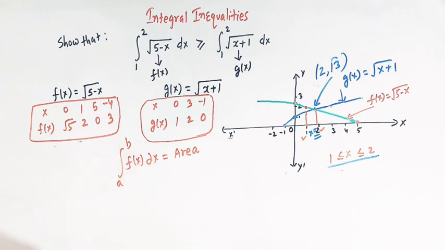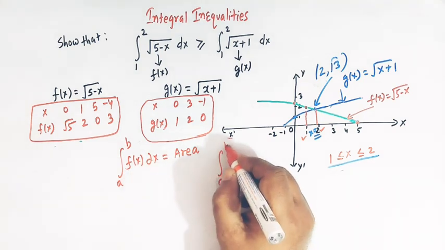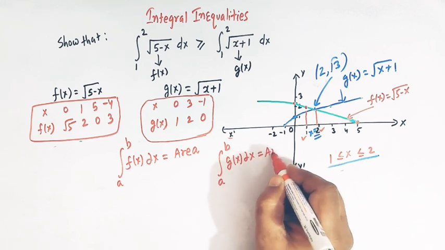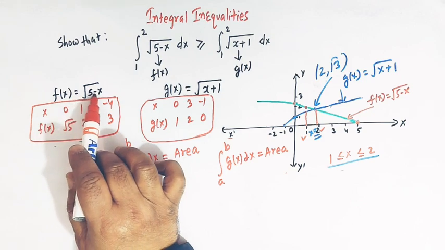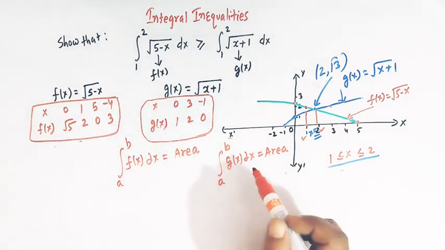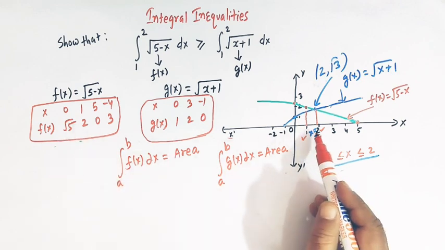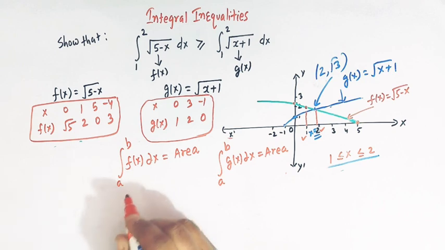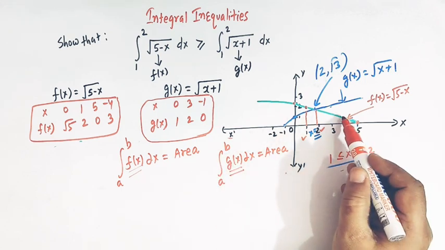Here we have the integral a to b g of x dx, which also represents the area, right? f of x is square root of 5 minus x, g of x is square root of x plus 1, a is 1 and b is 2. So let us consider the area bounded by f of x and g of x in this graph.